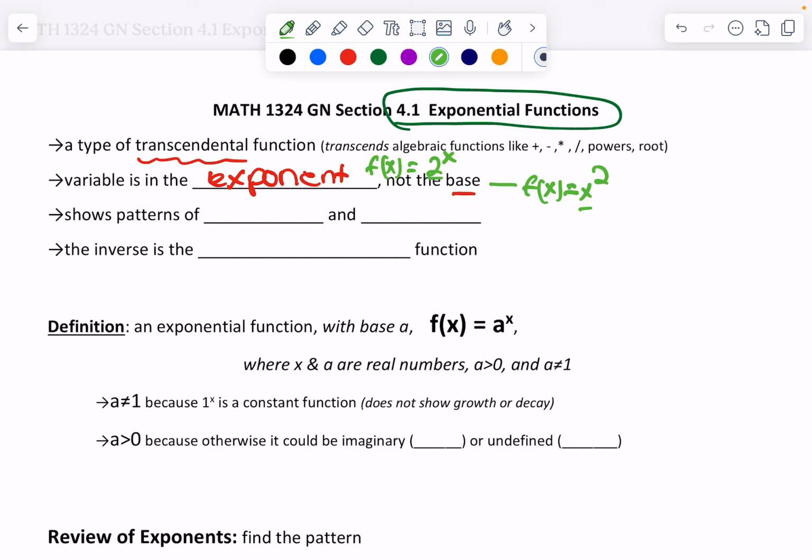Also, the exponential function shows a pattern of growth. And if we quickly sketch an exponential function that shows the growth, it looks something like this.